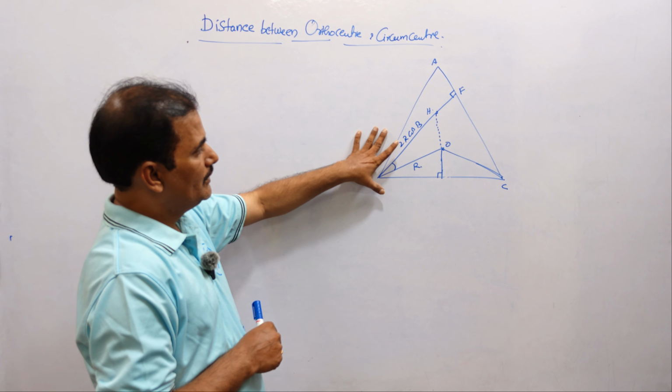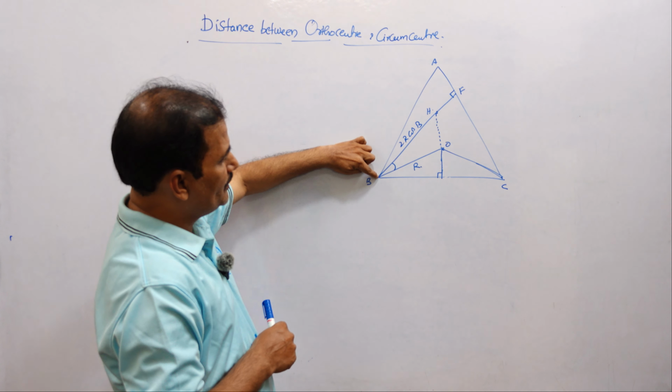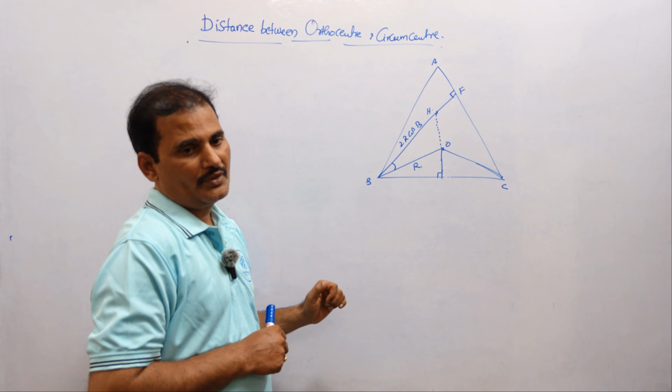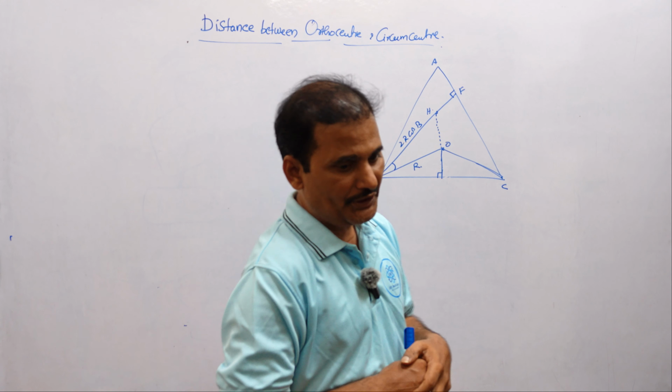From this, the distance from the vertices to the orthocenter. In the previous video, we discussed the sides of the pedal triangle.